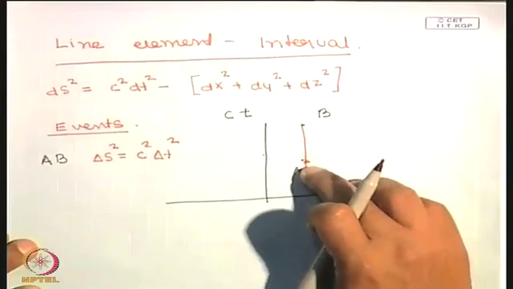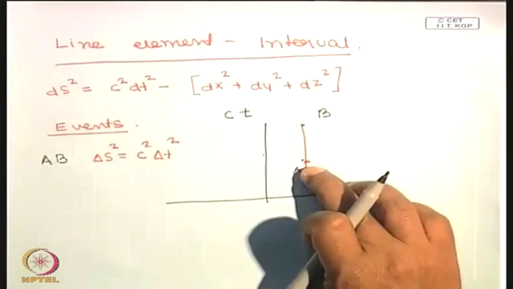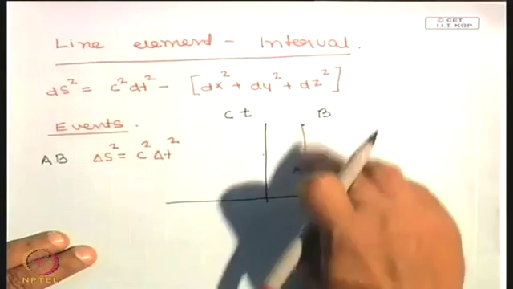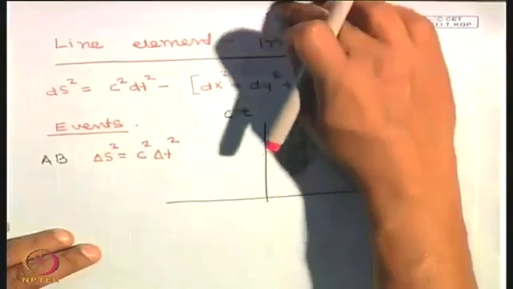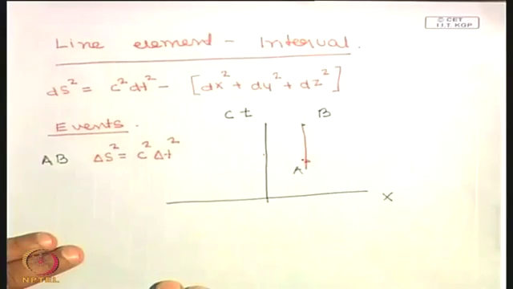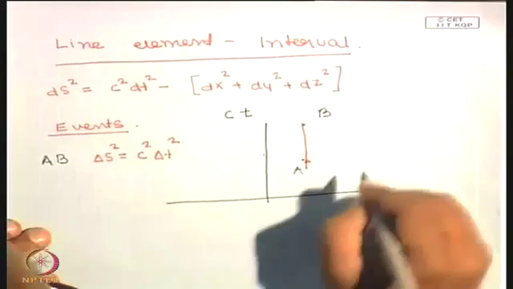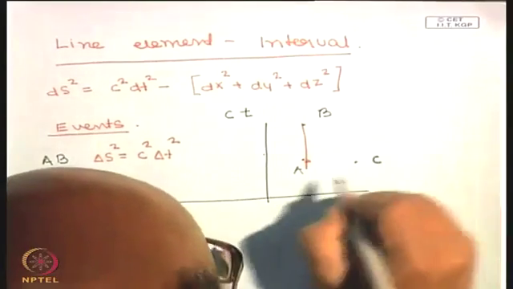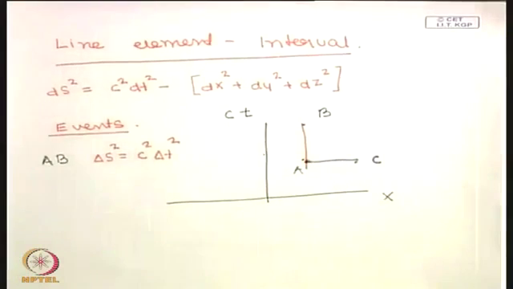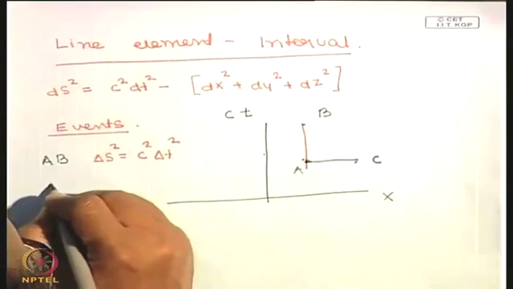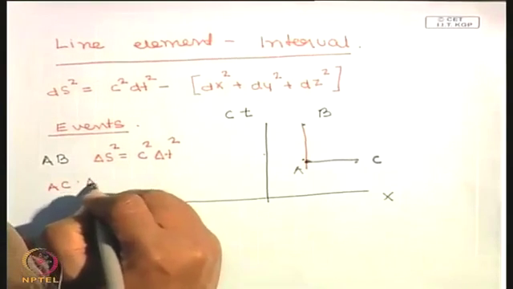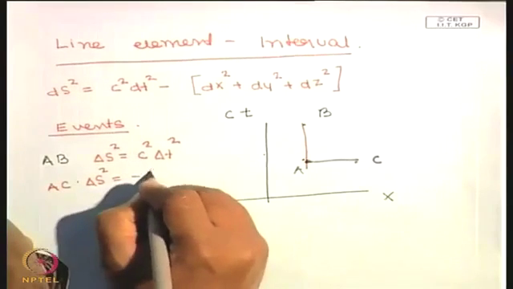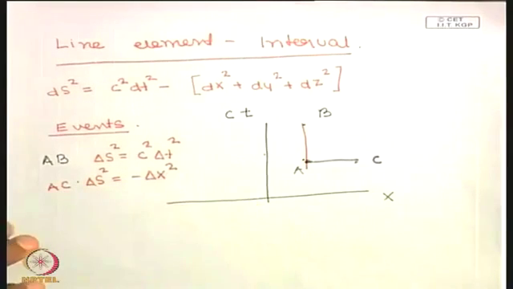So, imagine a person sitting at one place. This is at t equal to 0, this is t equal to 1, time will just evolve for that person in a particular coordinate system. Okay. Similarly, let me take another event here and call it C. These two events AC, delta S square is basically negative, minus delta x square, just apply this formula.